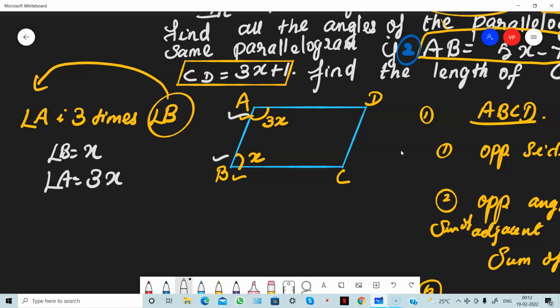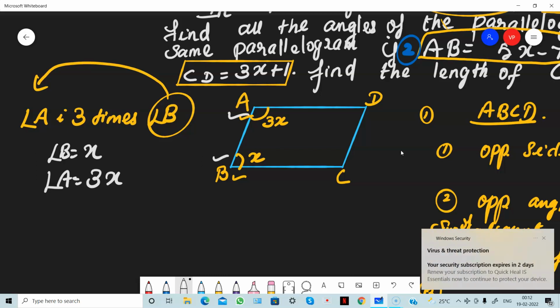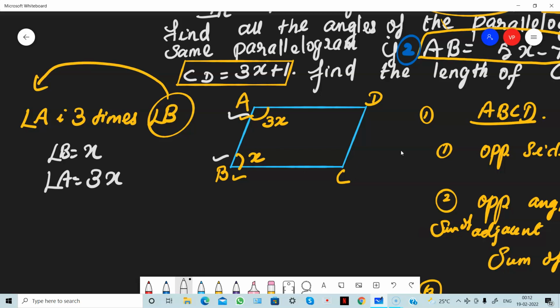Look at this. What type of angles are they? They are adjacent angles, or next angles, in a parallelogram. It is like a transversal. You know the parallel lines property: corresponding angles are equal and alternate angles are equal.